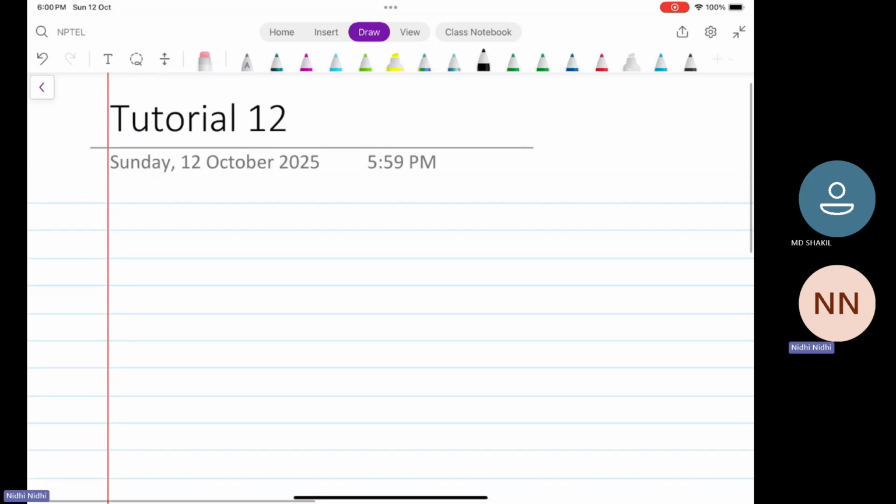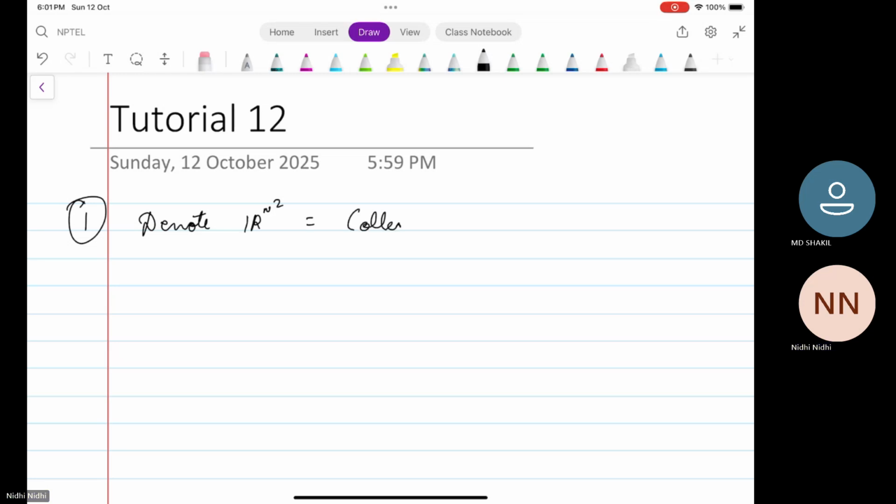Question number 1. Denote R^(n²) to be the collection of all n cross n matrices.